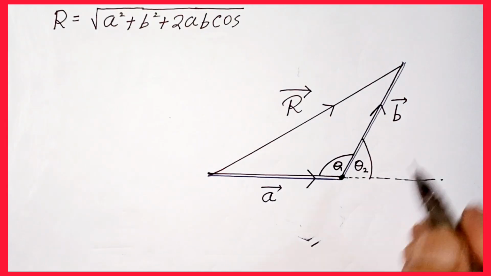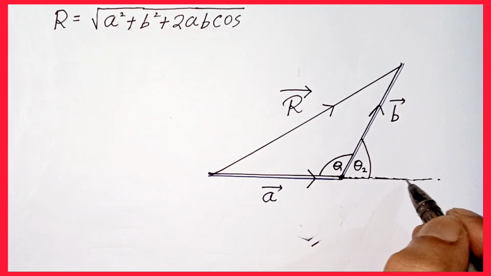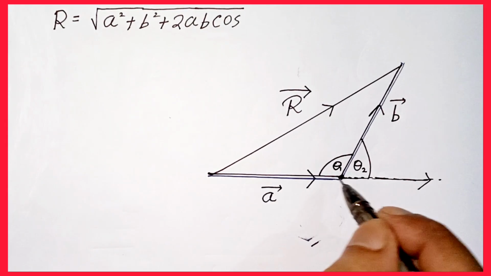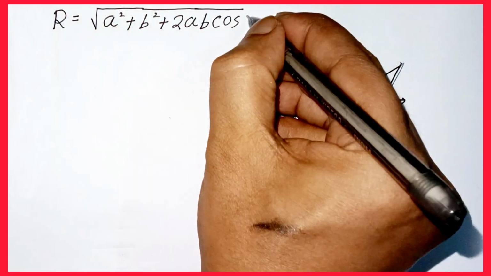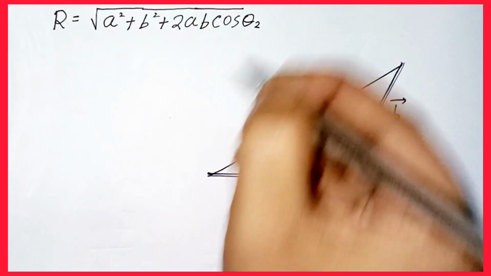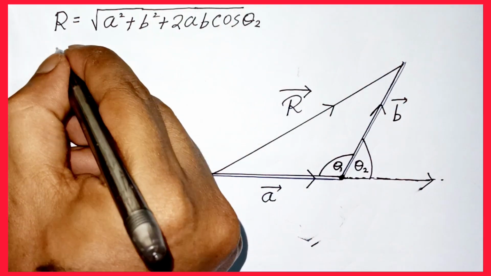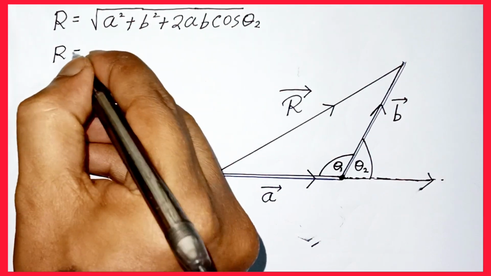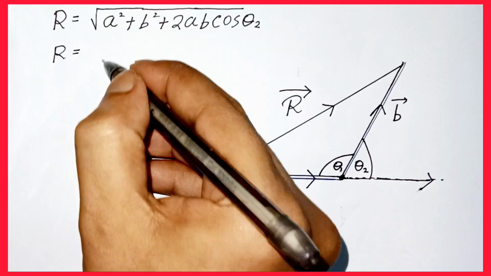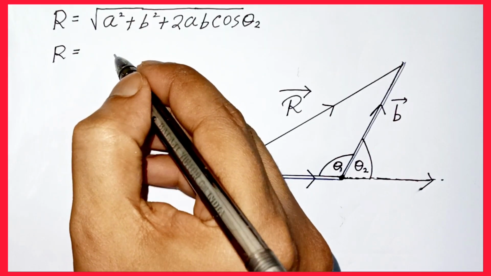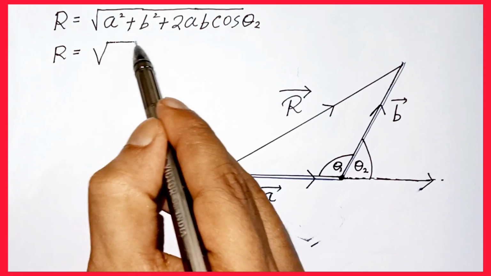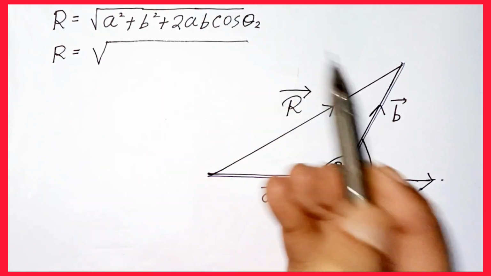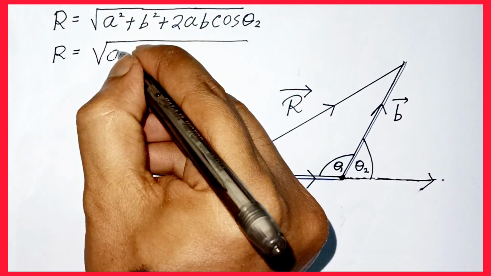Why do I make this angle? Look, this is the head. So now theta 2 is the tail to tail angle. Where is theta 2? Tail to tail of both vectors. If you take the angle tail to tail, then the formula will be plus. If you take the angle head to tail, that is theta 1, then the formula will become minus.